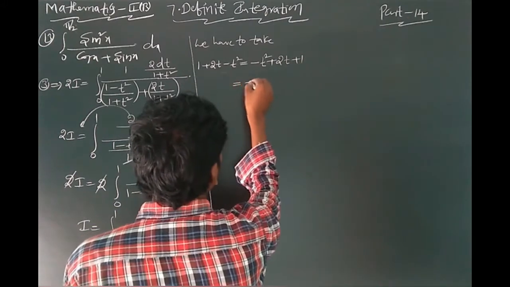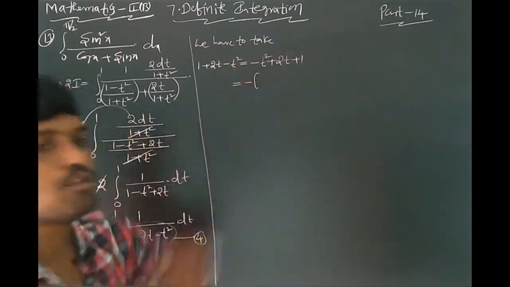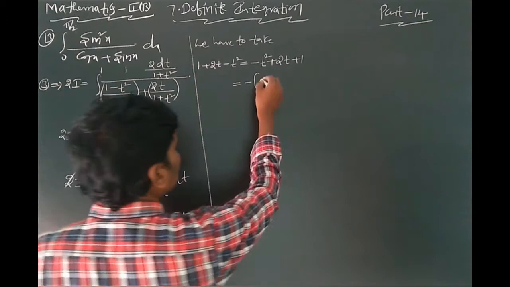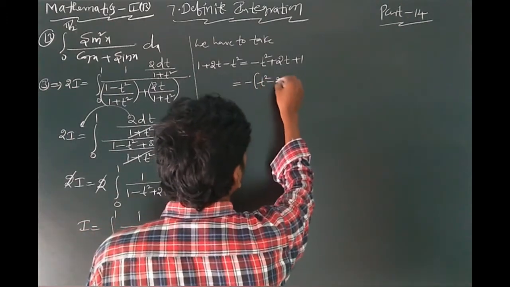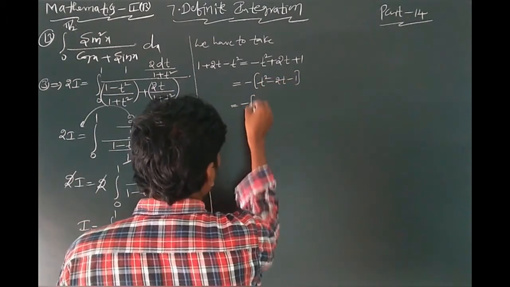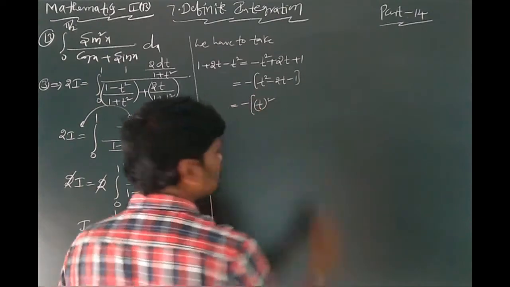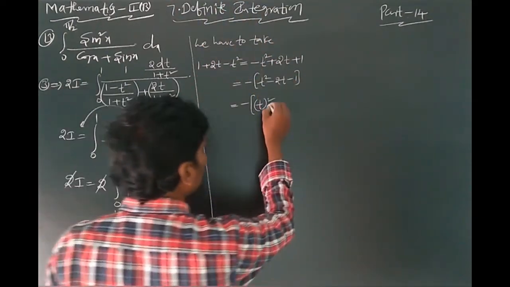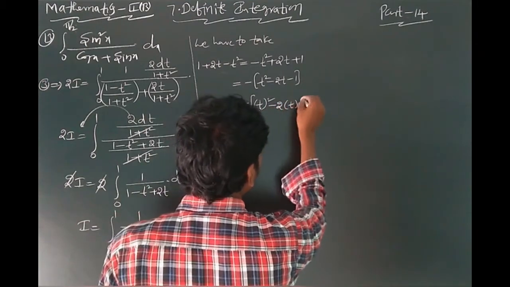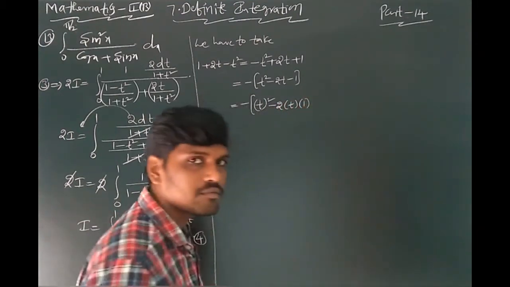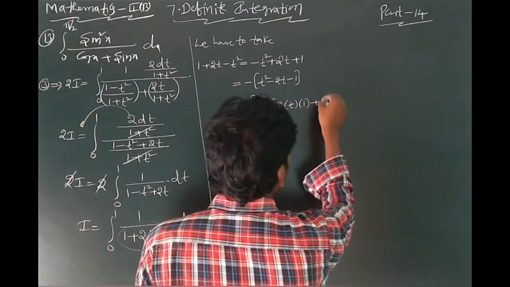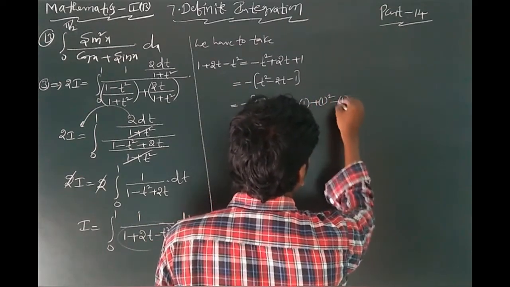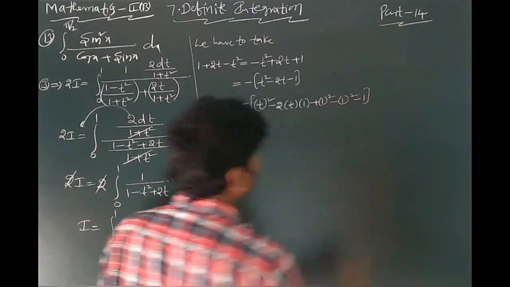This can be written by taking minus common from these three terms: minus of (t square minus 2t minus 1). This is converted to the (a plus b) whole square form: a square minus 2ab, with b value 1, plus b square, minus b square, that is, 1 square minus 1 square.